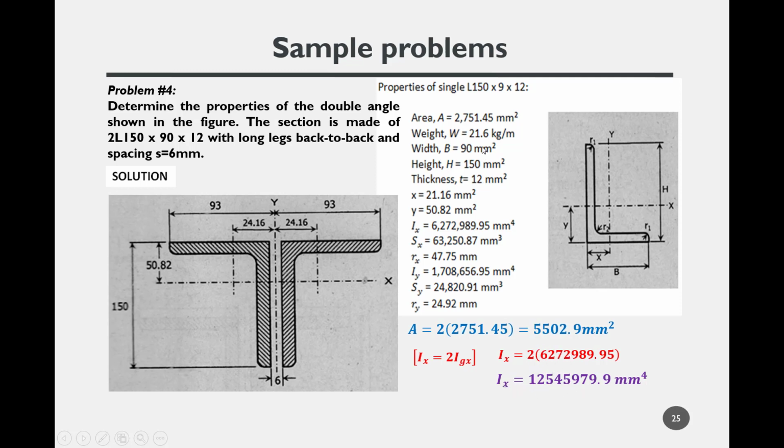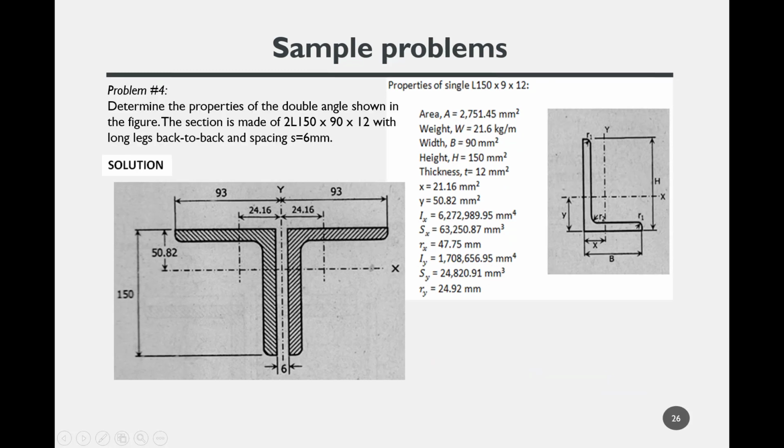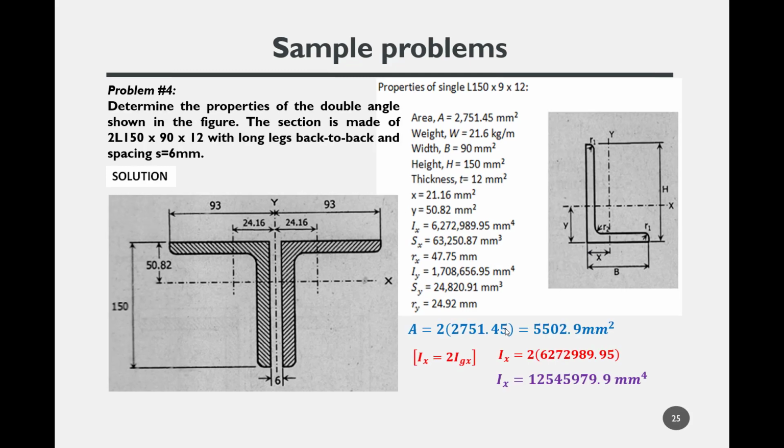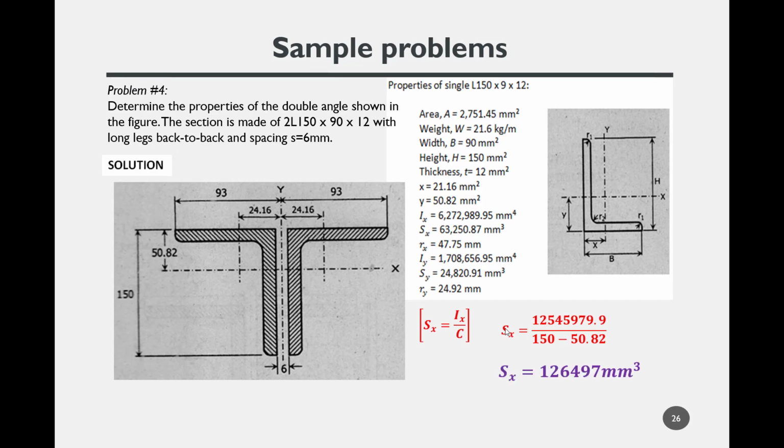Kasi 2 nga ito, di ba? Because of the 2 L shape. So, ganun din, Ix. Ano ba nakuha natin value kanina sa Ix? Ayan o, 125. Doon din yun. Kaya naging ito value niyan.